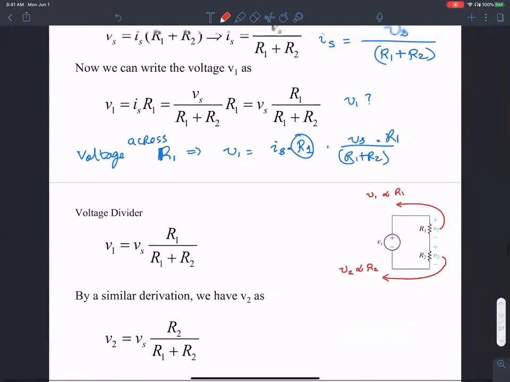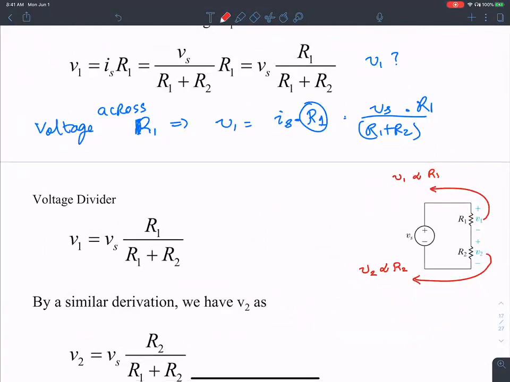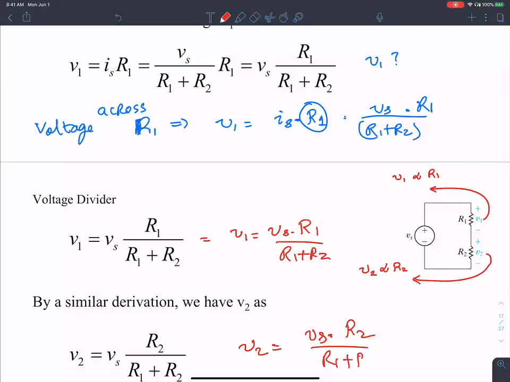That's exactly shown here. V1 is Vs times R1 over R1 plus R2. V2 is Vs times R2 over R1 plus R2.